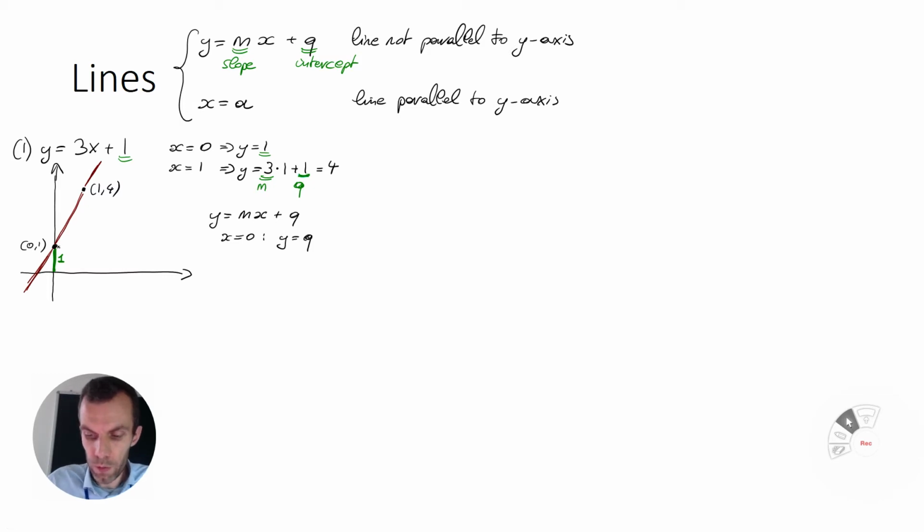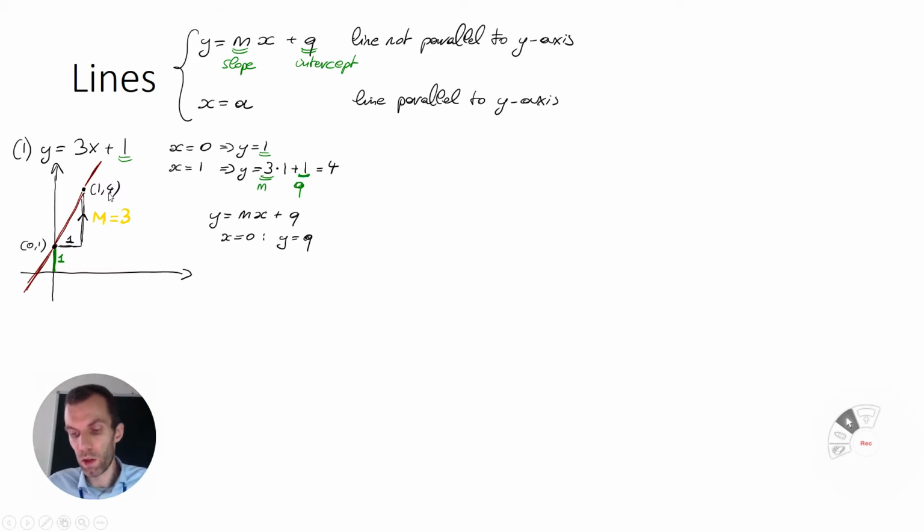So graphically we can represent it as we went to the right by 1 unit, and then we had to go up by 3 units, and that just happens to be the slope, to end up at (1, 4).